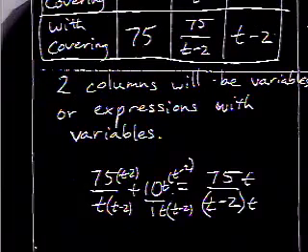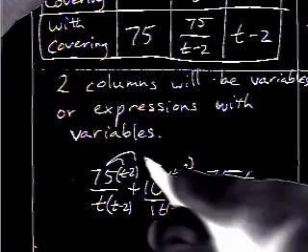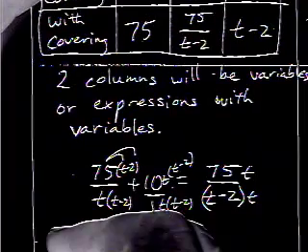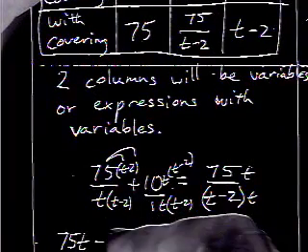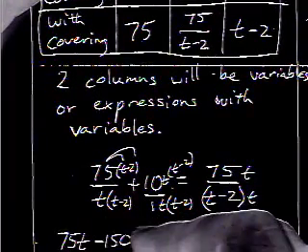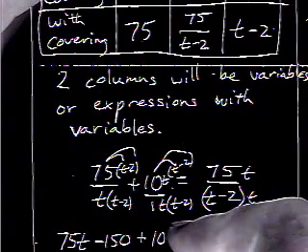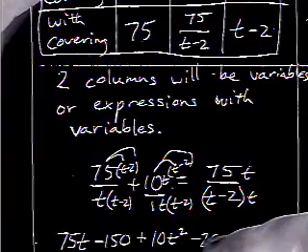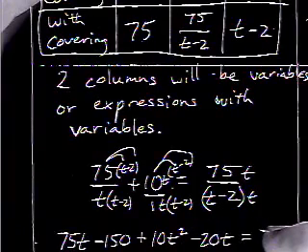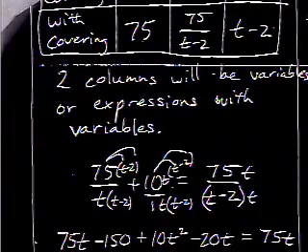Oh, it's missing a t. So if we distribute that 75, we get 75t minus 150 plus 10t squared minus 20t equals 75t.